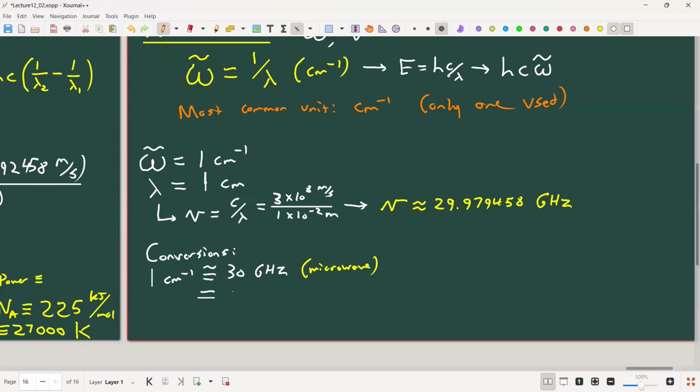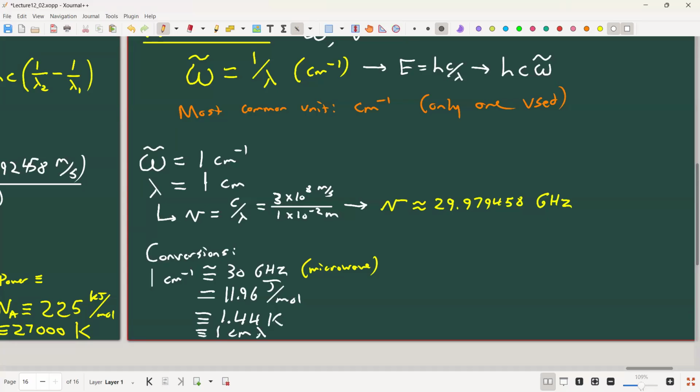This is equal to 11.96 joules per mole, or 1.44 Kelvin, or of course, 1 centimeter wavelength. Okay. So we've got a bunch of different units that we can use, right?